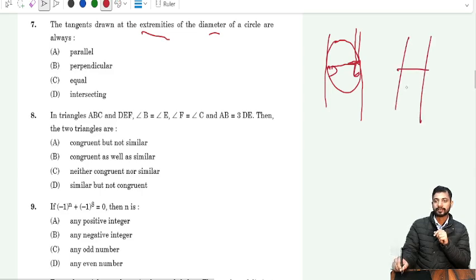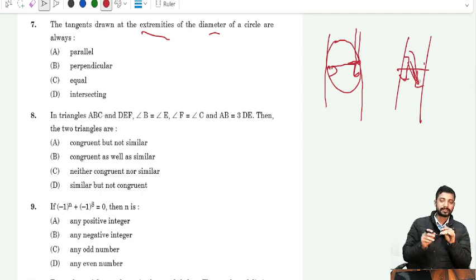Here you can see this is 90, this is 90. So alternate interior angles are equal. If alternate interior angles are equal, it means the lines are parallel. So the correct answer is parallel.